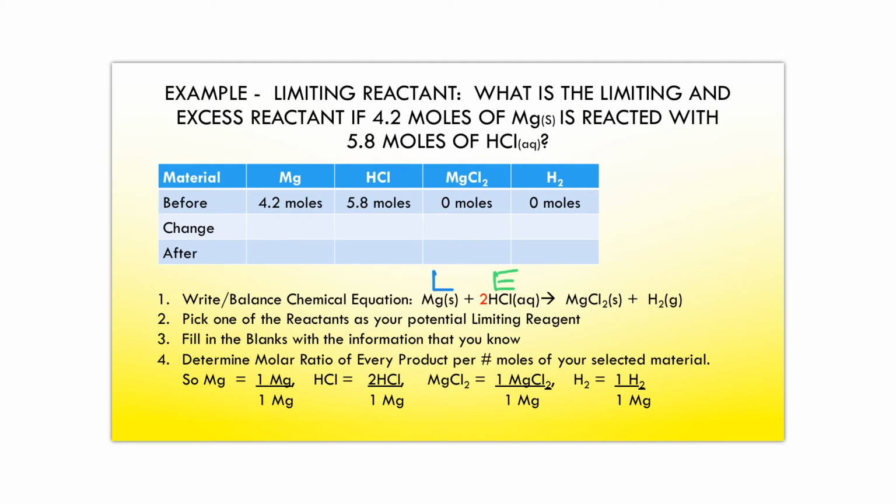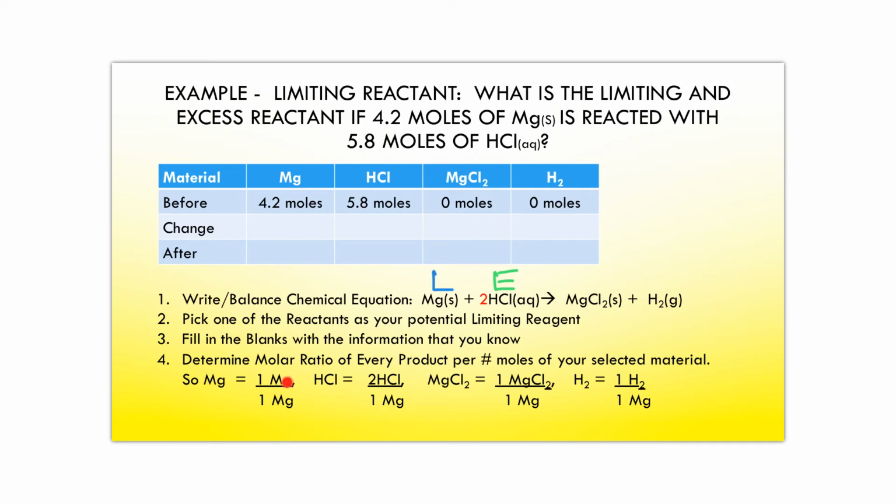Okay? Now, we fill in the blanks with all the information we know. So here we go. That comes from here. This comes from here. And we don't have any product made yet, so we fill in that. So this is before. And the last step, before we do any calculations, is we have to look at the molar ratios of every product and every reactant based off of the material that you have chosen as the limiting reagent.